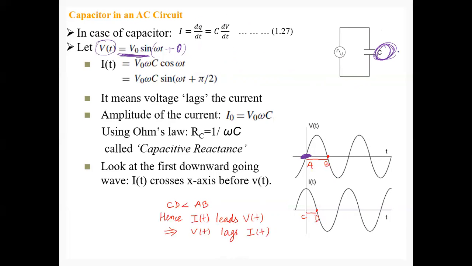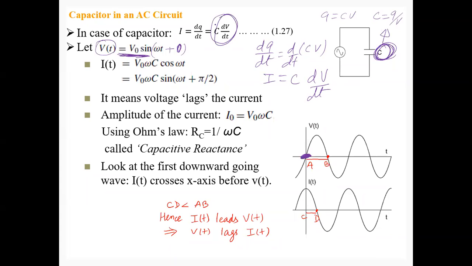Now, what is your Q here? How do you define the capacitance? C equals Q over V, right? Then from here, Q equals CV. So we have dQ over dt, the derivative of CV. Then your C is constant, you can take it out. Then you have C dV over dt. That's your I.